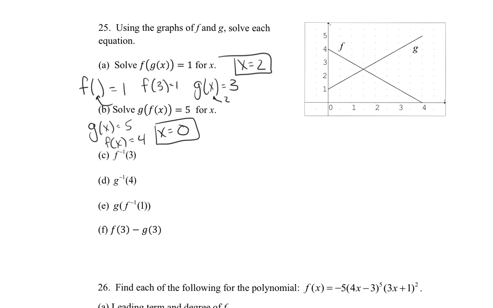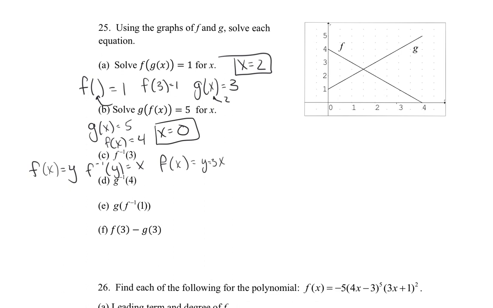The inverse of f is equal to 3. When it says the inverse, that means f of x equals y, so the inverse is y equals x. Whenever f of x equals y, we'll find x, and that will be equal to 3.